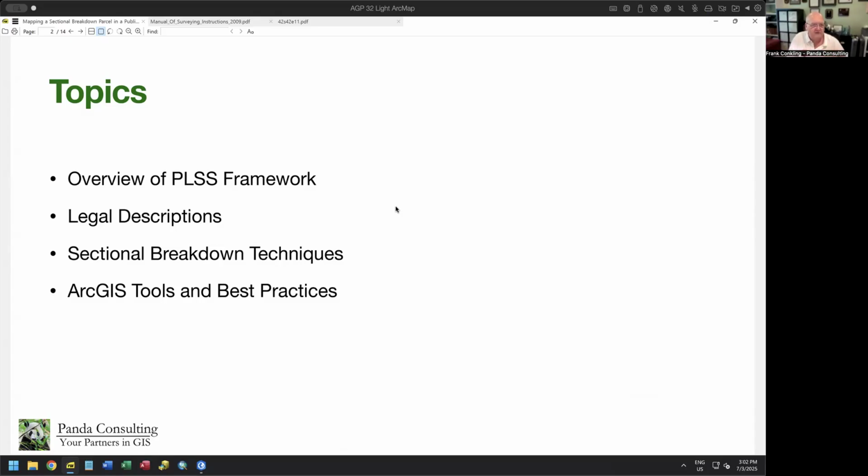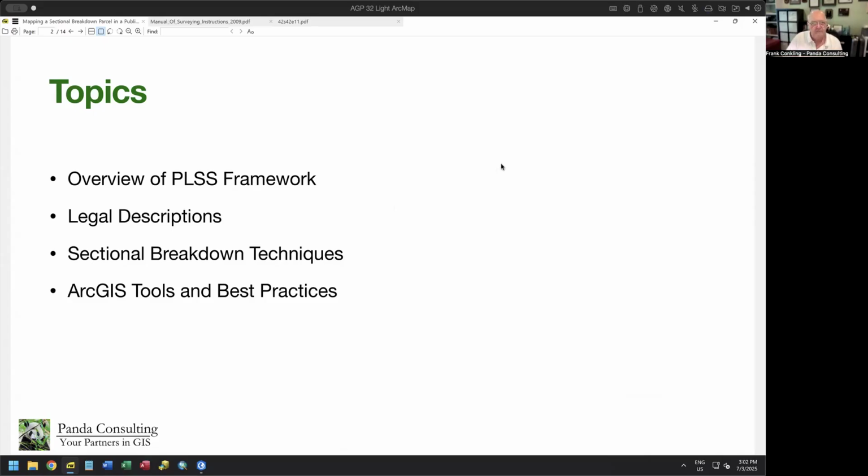We're going to look at the framework, where it came from, how it's broken down, and then eventually we're going to look at how these descriptions read as part of that. Eventually, we're going to look at sectional breakdown techniques, and then we're going to look at some of the tools that we recommend you use to do these and the best practices on them.